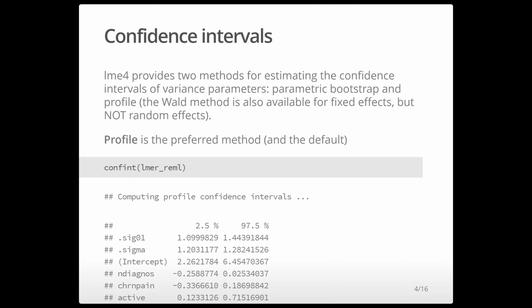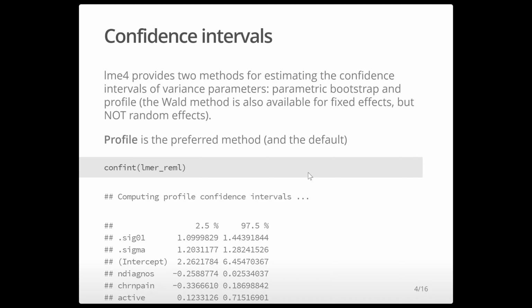It's based on the log likelihood computation of the model. So it's a little bit similar to a likelihood ratio test, but not exactly the same, as we'll discuss briefly. This is the preferred method for testing the significance of the random effects.